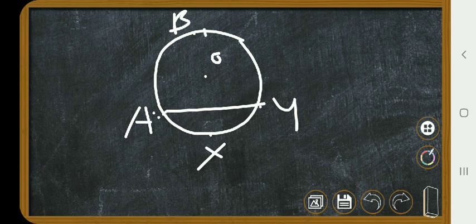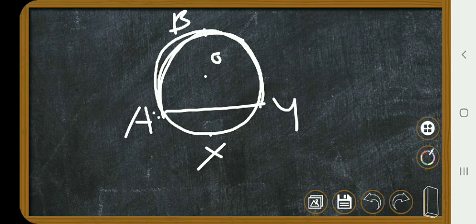Now this full part, ABY, is called an arc. This ABY and this AXY are called arcs. You can see this ABY has a big round, it is a long path.